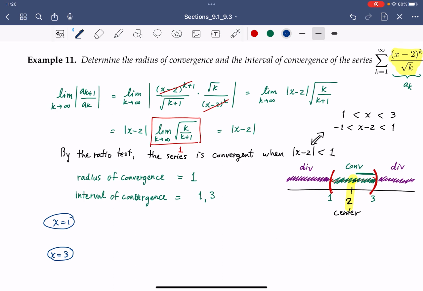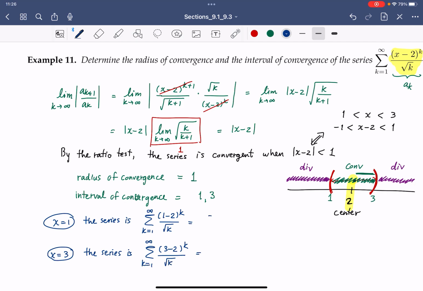Okay, so let's do x equal to 1 and then x equal to 3. When x equal to 1, you plug in x equal to 1: the series is the sum of (1 minus 2) to the k over square root k. And when x equal to 3, it is (3 minus 2) to the k over square root k.